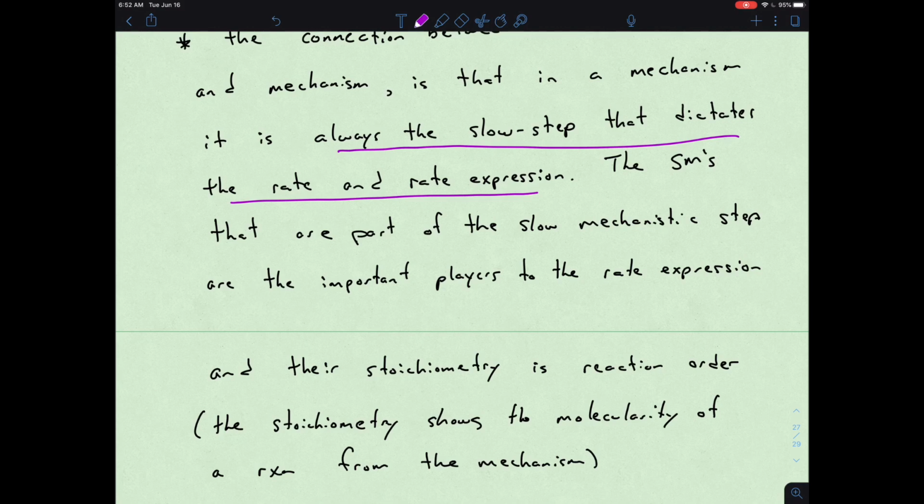So it's the slow mechanistic step that's important to the players and the rate expression that we get. Remember, this is also a hypothesis, something that we're just thinking up of how the reaction proceeds, and then we use other experiments to continue to support the mechanistic idea that we developed, or we find that it doesn't work in all cases, or maybe we need to throw it out altogether.